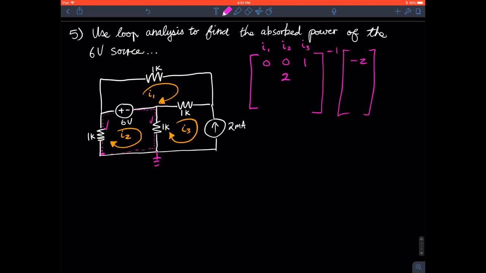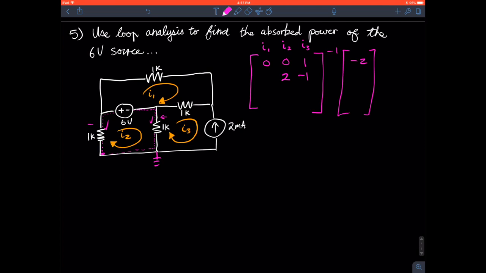Now, whatever touches the path that we walked around, we're going to write the negative number for that. This resistor doesn't touch anything else, but this resistor right here touches I3. So for I3, we're going to write a negative 1, because there's only one resistor with 1K.